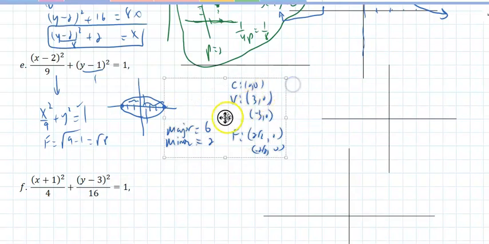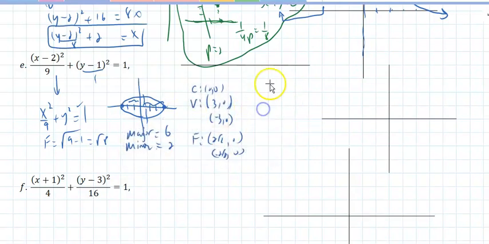Now comes the actual, so everything that you see is extra. It's not needed if you're comfortable with those. I know the center is really (2, 1). So what that means, I'm going to take all of these x values and add 2 to all of them.